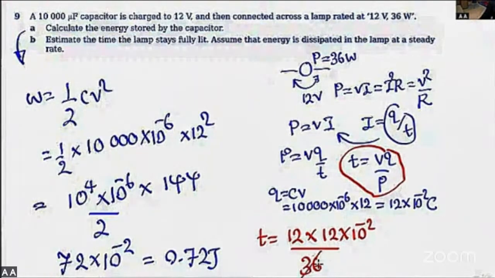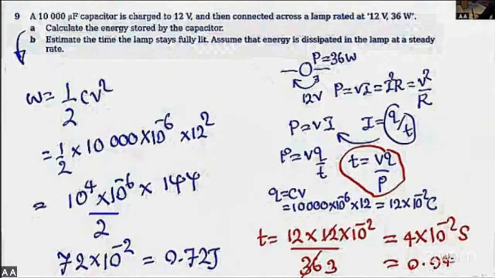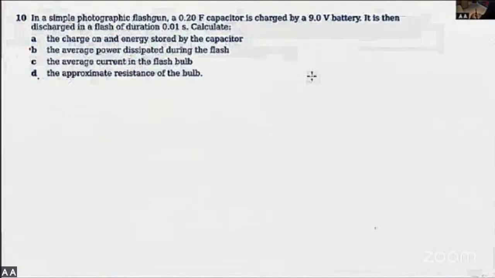There are three 12s in 36. Then 12 over 3 means 4. 4 into 10 to the minus 2 second. Then it is 0.04 second.